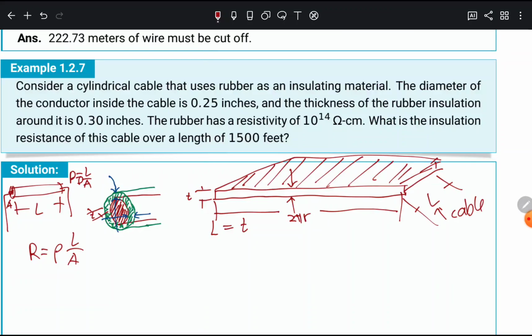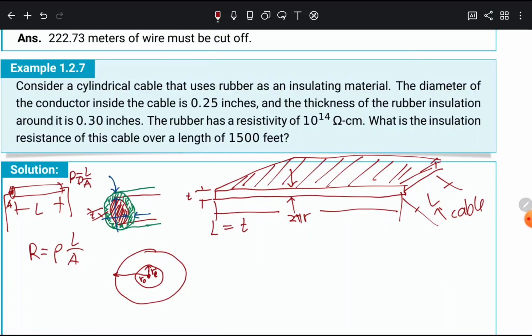Okay, so we just call it R. If we look again at the conductor here, this is the insulator, so this will be our RI, or inside radius or diameter, and this will be our outside radius.